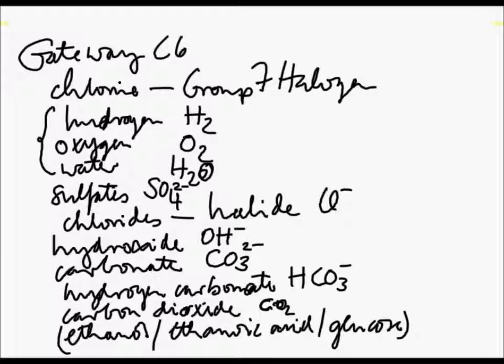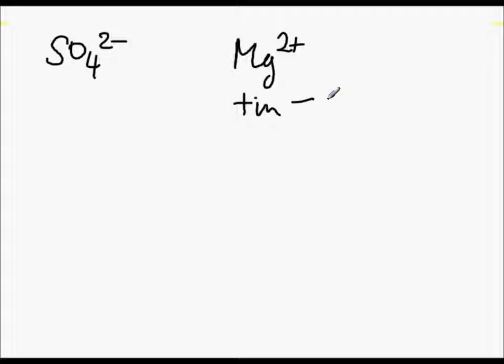Now if we make any salt with a sulfate, then again sulfates are SO4 2-. We just need to bear in mind what the metal ion is. So if we look at magnesium, or we look at tin, I'm just going to write the word there, because the symbol for tin is Sn.